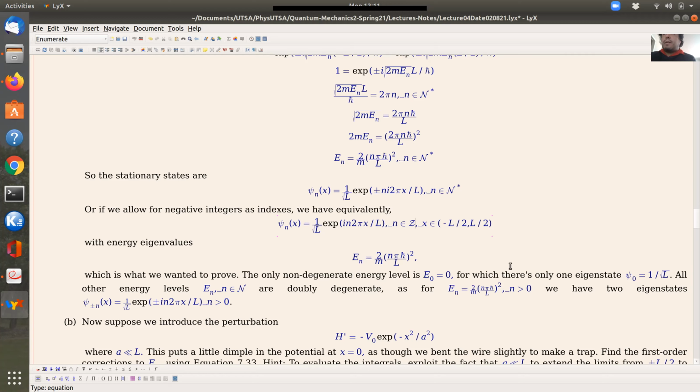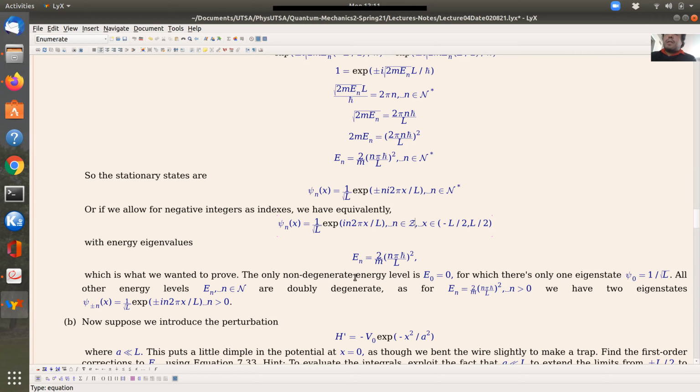And in fact, this is showing that there is a degeneracy for n not 0, right? Because both psi n and psi minus n, where n is not 0, are two different levels, yet they have the same energy. So this is what we wanted to prove in terms of the degeneracy.